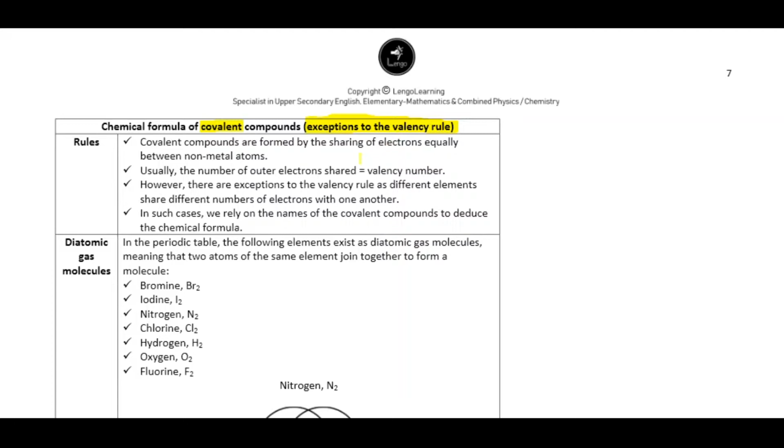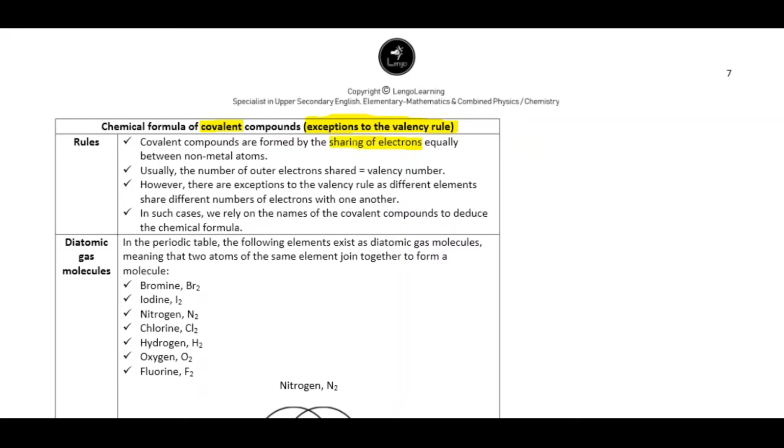So an ionic compound, as we have explained just now, is made up of ions, which are elements that have gained a charge. So they gain a charge because they gain or lose electrons. On the other hand, covalent compounds do not, I repeat, they do not gain or lose electrons, but instead they share electrons.